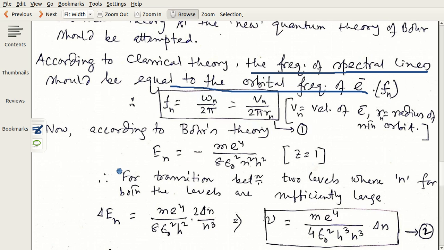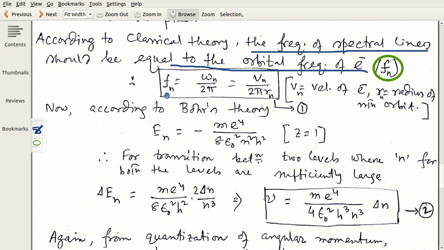The frequency of oscillation must be equal to the orbital frequency of the electron. Let that frequency be termed Fn, the orbital frequency of the electron in the nth orbit. So Fn equals omega n by 2 pi, where omega n is the angular velocity, equal to Vn by Rn. Vn is the velocity of the electron in the nth orbit, Rn is the radius of the nth orbit, and so on.